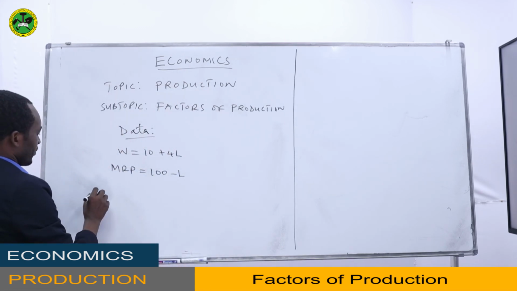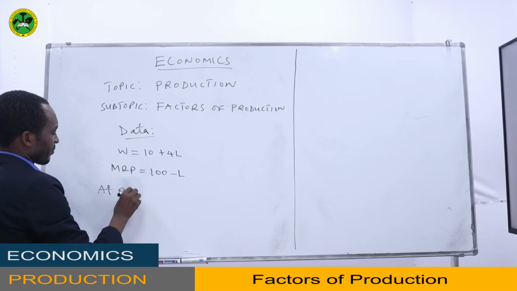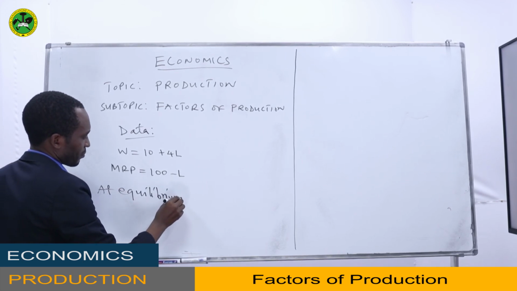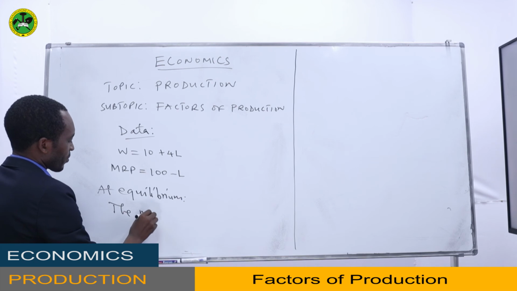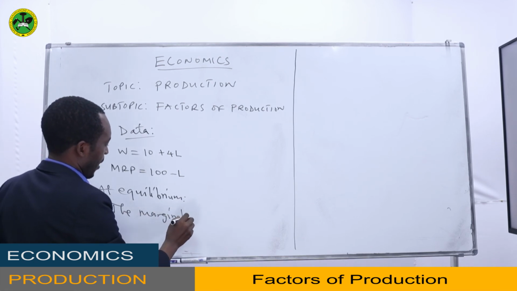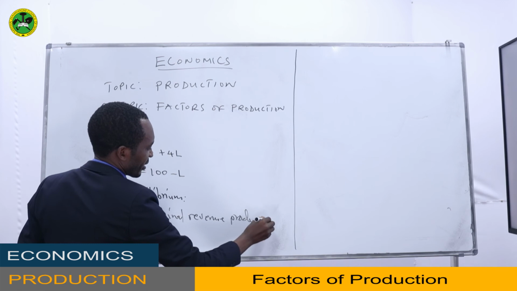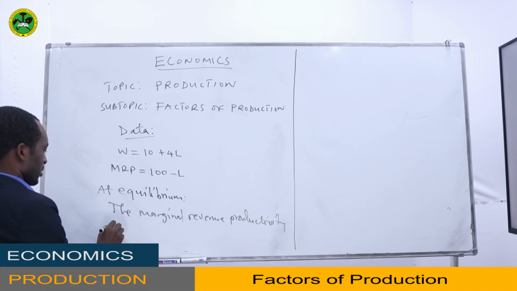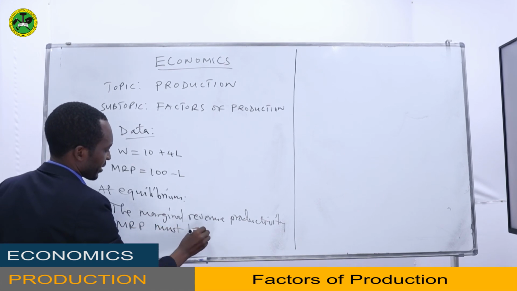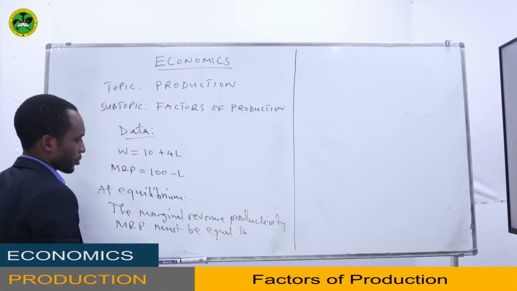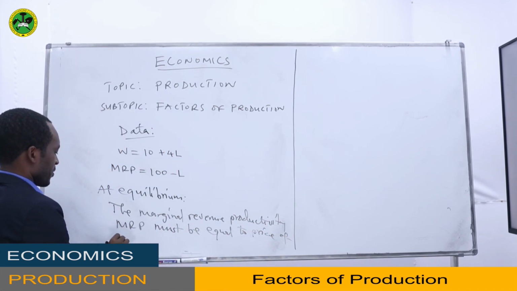So as our theory says, at equilibrium, the marginal revenue productivity MRP must be equal to the price of a factor.